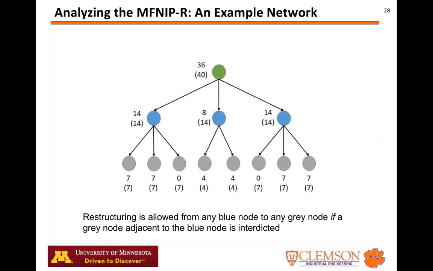What I want to walk through now is a more mathematical example, where we'll see that when we consider this restructuring, if we're not careful, interdictions can actually increase the max flow in the network.